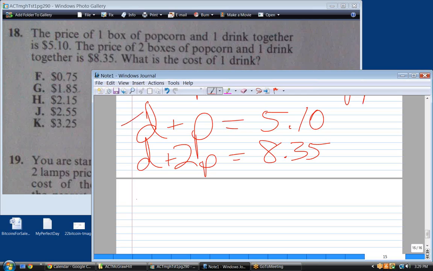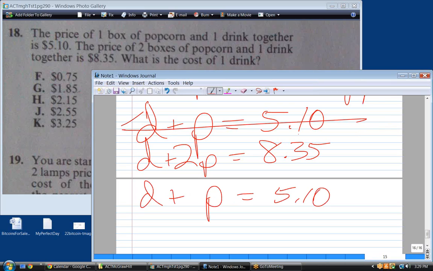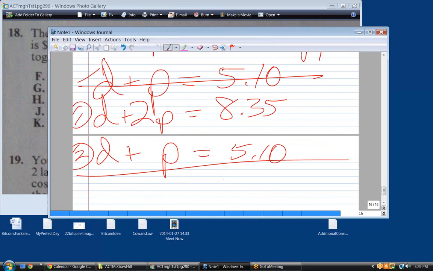Well, if I write this one below instead of above, and now I look at these two equations, and if I want to eliminate a variable, what can I do? I can just subtract them right off, right?